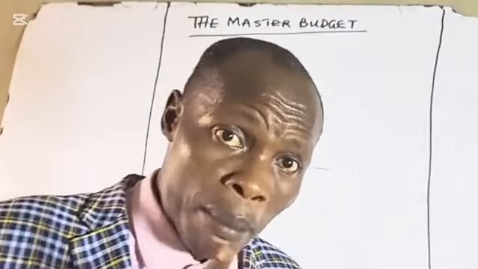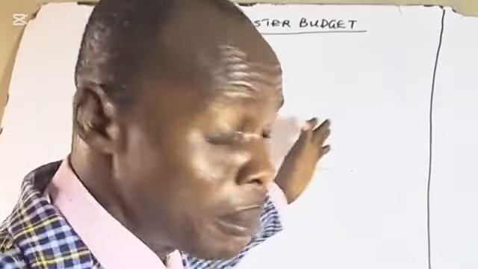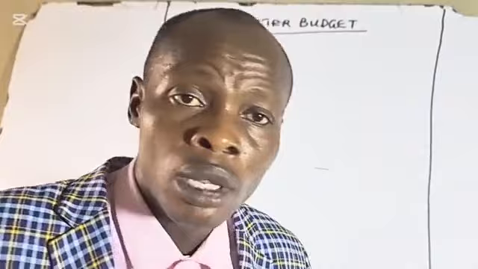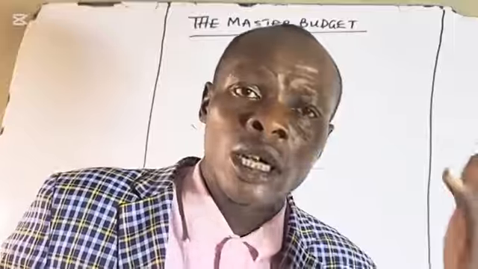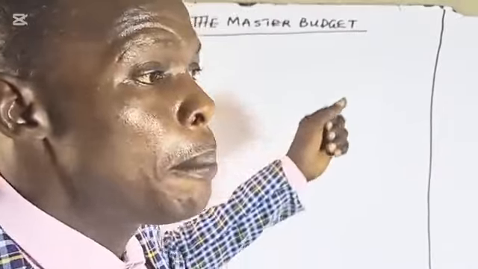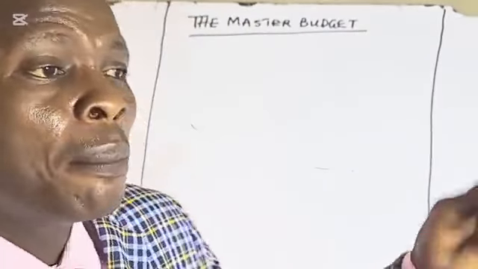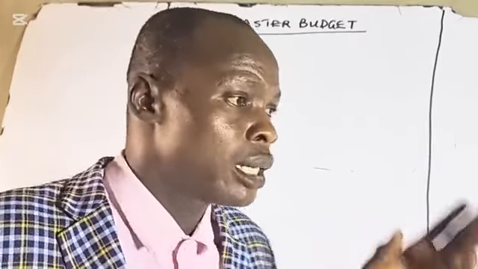That means a master budget encompasses all the functional budgets I've examined in my earlier video, plus the budgeted statement of profit or loss and the budgeted statement of financial position. A master budget is a budget that shows the overall plan of the business for the next period.